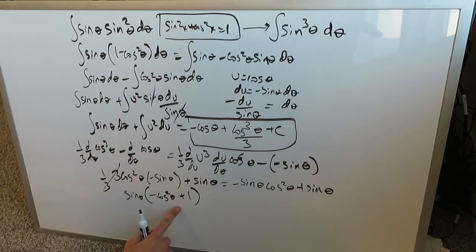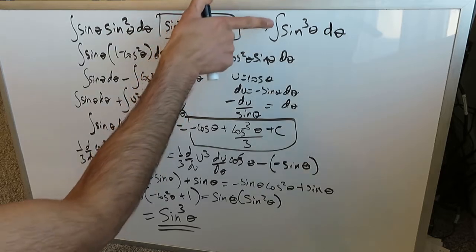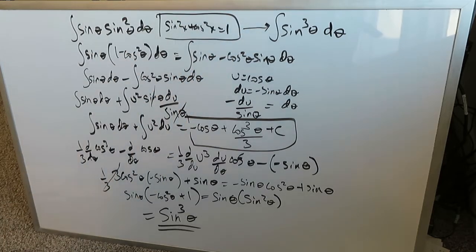So 1 minus cosine square theta is equal to sine square theta. So you have sine theta multiplied by sine square theta, and you can imagine that takes us right to sine cube theta. We'll be back to our original function right over there. So this is yet another form of question you can see, except with different functions, not only just sine.